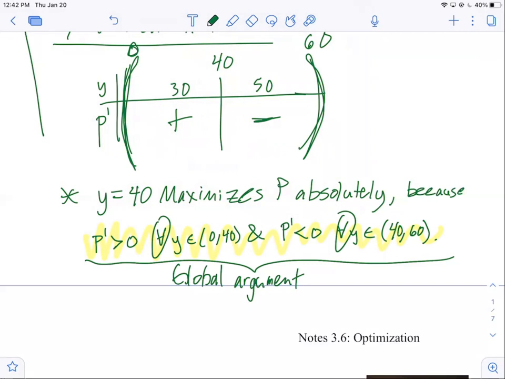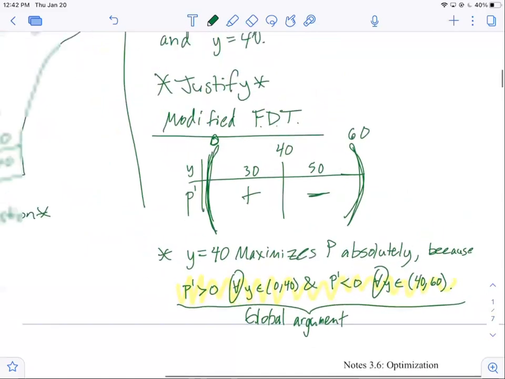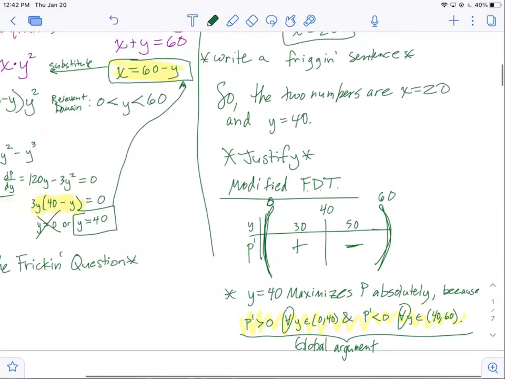If you had to justify, a lot of times you don't even have to. But now we've convinced ourselves of two things. First of all, that y equals 40 was the value that did indeed give us an absolute maximum product and not an absolute minimum product. Oh, that would have been embarrassing if it gave us the absolute minimum.